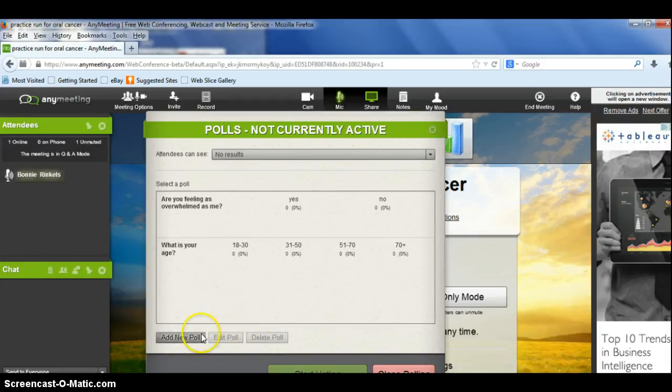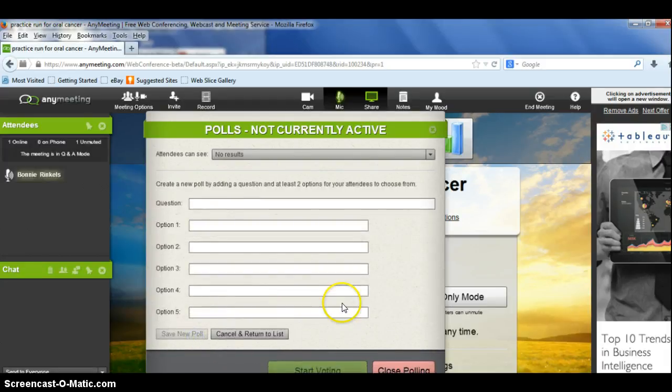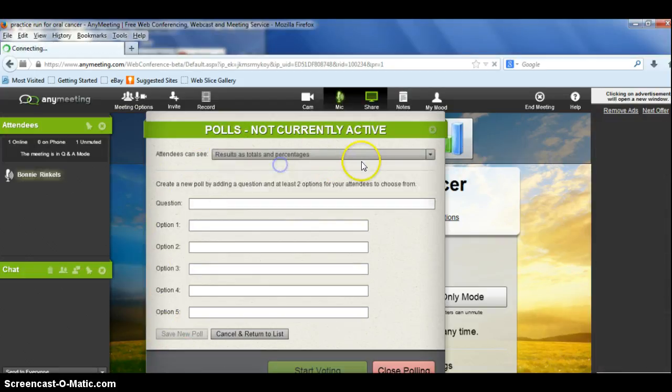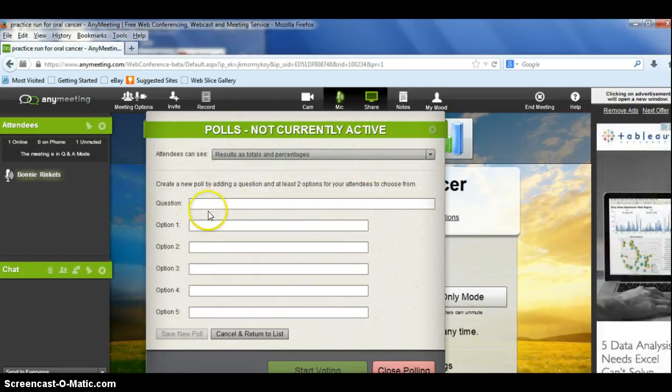Delete a poll. Let's see, add a new poll. I'm going to put my results as totals and percentages. That way everybody knows. So my new question is, are you a smoker?